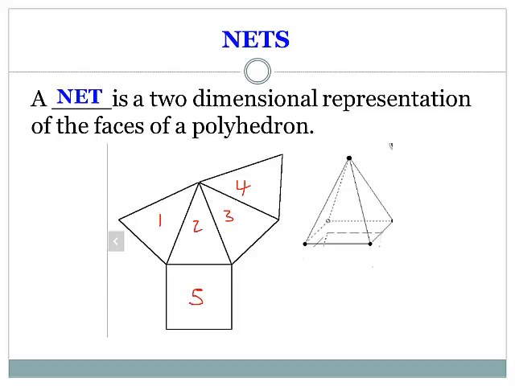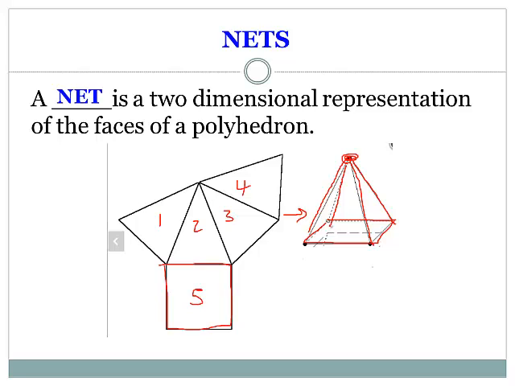If I were to fold all of these up, I would make a square pyramid, because I have a square for the base. You can see that by the net here. And all the other parts are triangles that come to a single point here.